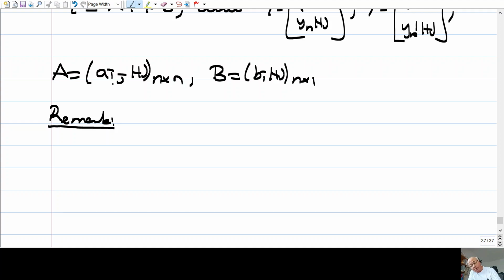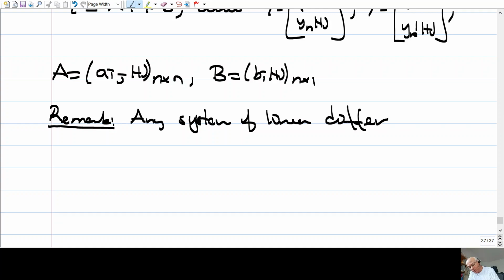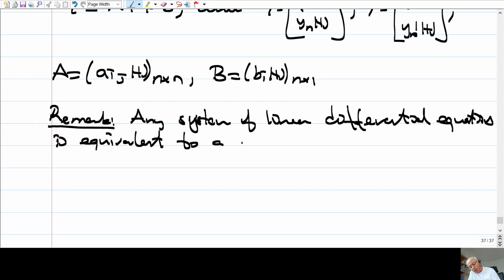Any system of linear ordinary differential equations is equivalent to a first order system.